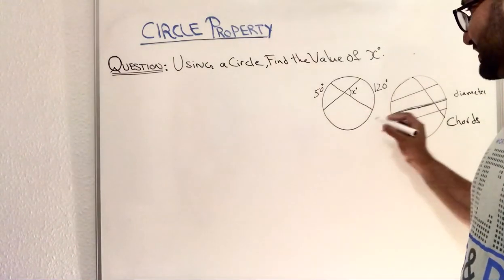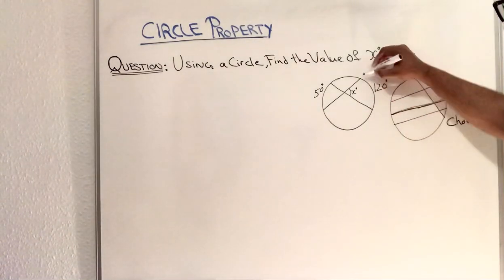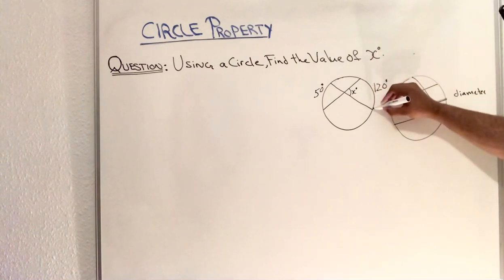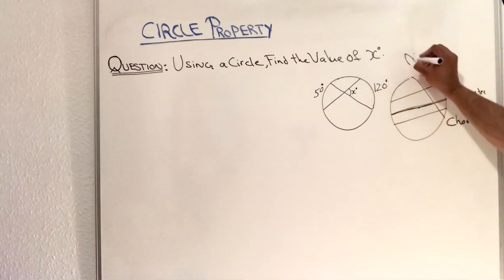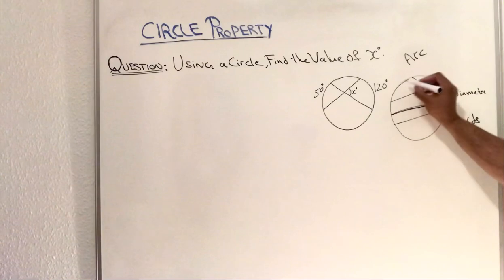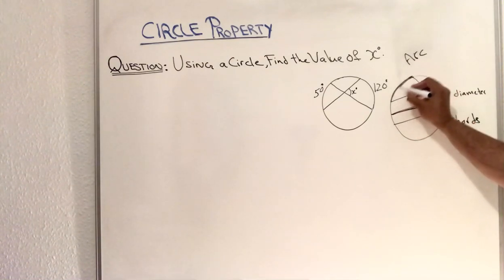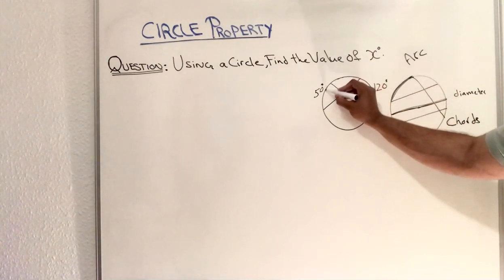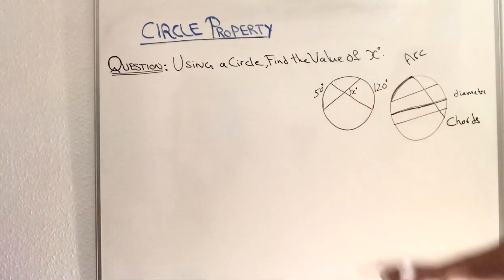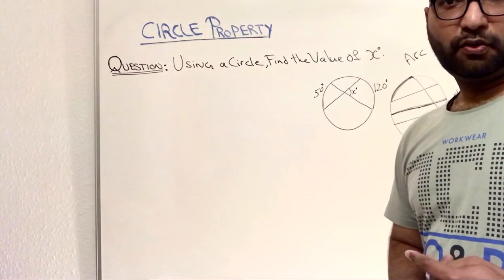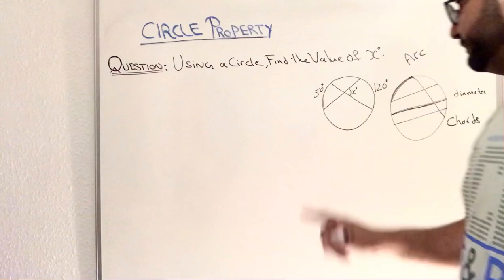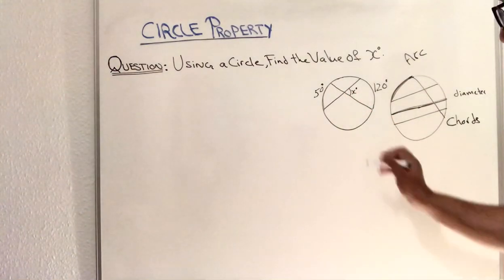Now you can see this little part is called an arc of a circle. That thing is called an arc, and this is also an arc, and where these two chords are joining is called the intersecting point.